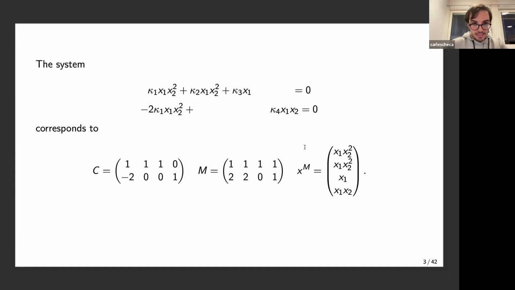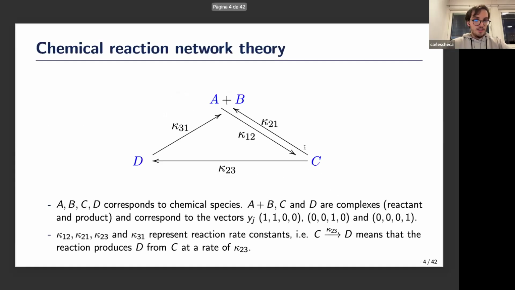Okay, once this is set, why do we care about this type of systems? This is a part that I will go fast over because it's the topic of discussion in this seminar, the mathematics of chemical reaction networks. Very quickly, we are studying the evolution of the concentration of different species that interact with a set of reactions that we model by a graph.